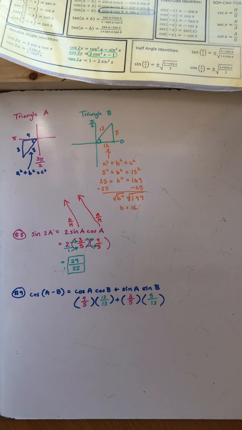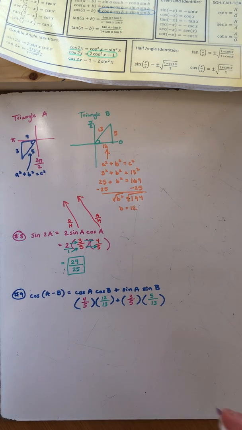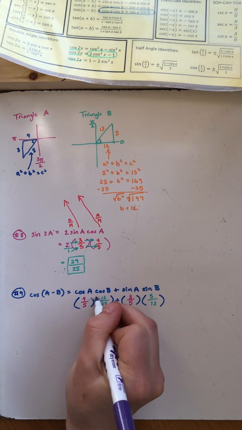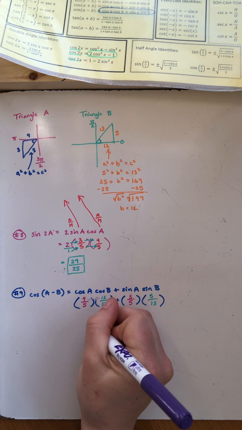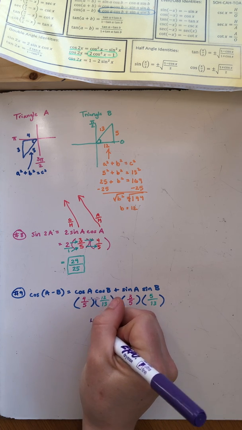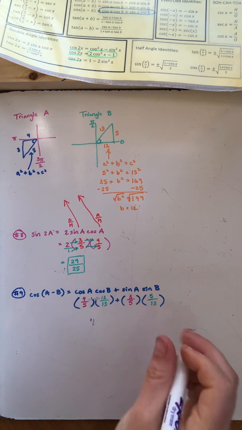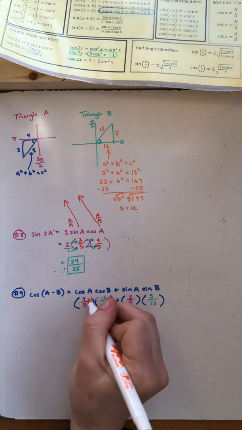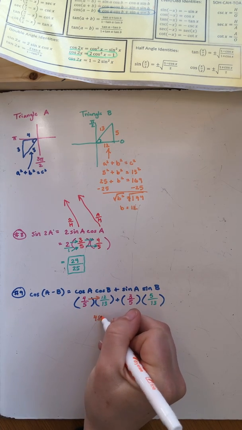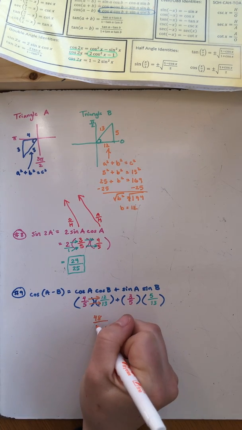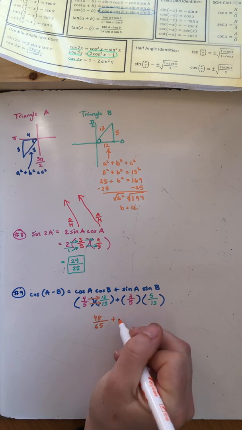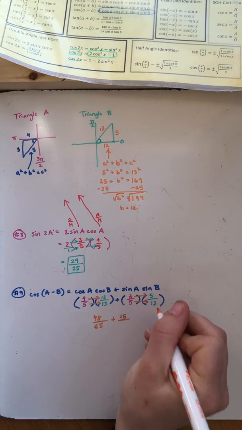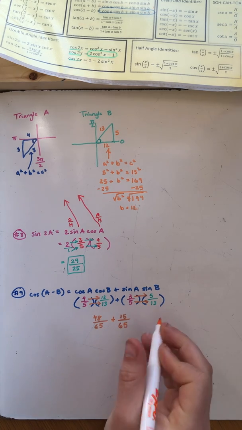Now remember, when you do fractions, or actually when you do any problem, you have to multiply before you can add. So we're going to do 4 times 12 is 48. 5 times 13 is 65. 3 times 5 is 15. 5 times 13, 65.